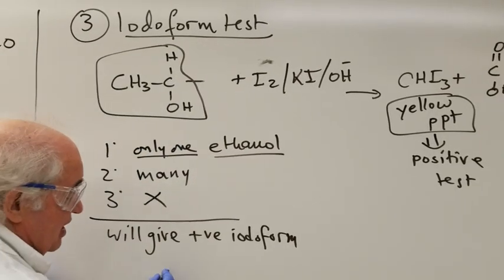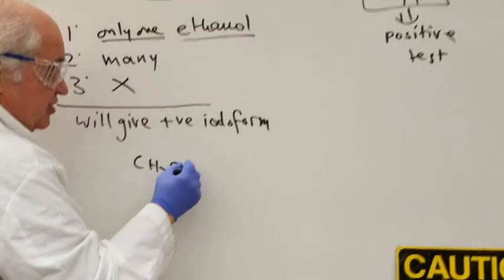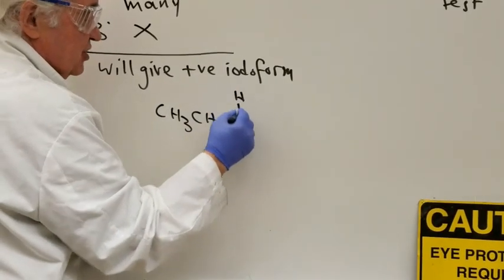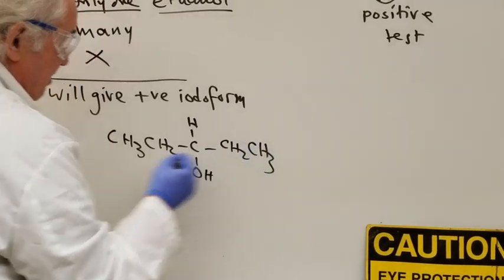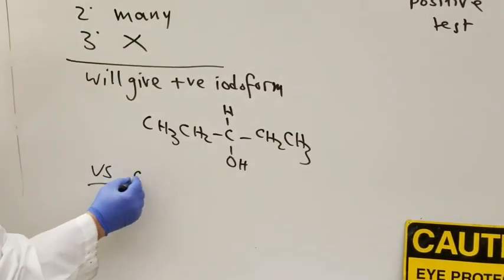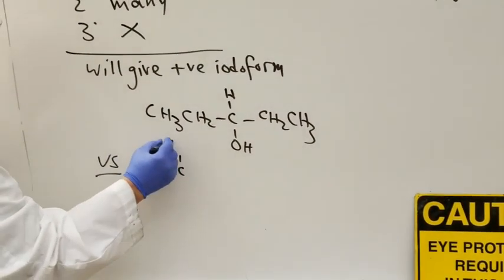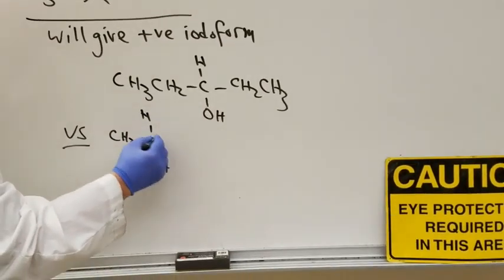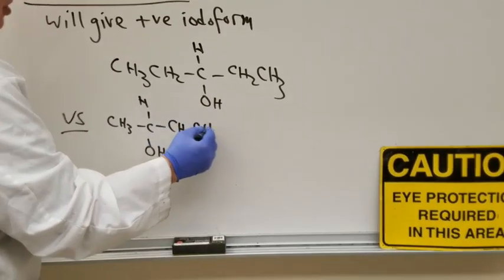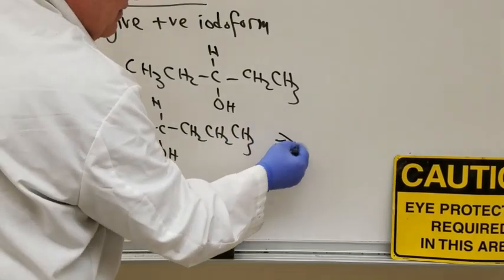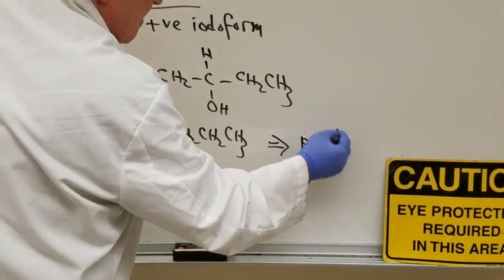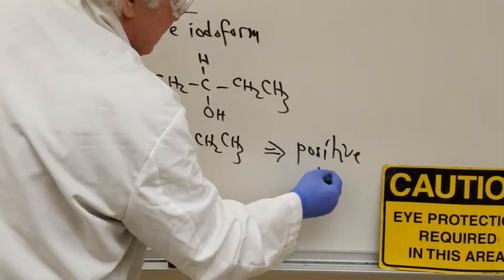So for instance, if I have CH3, CH2, CHOH, CH2, CH3, versus CH3, CHOH, CH2, CH2, CH3. This one will give a positive test.